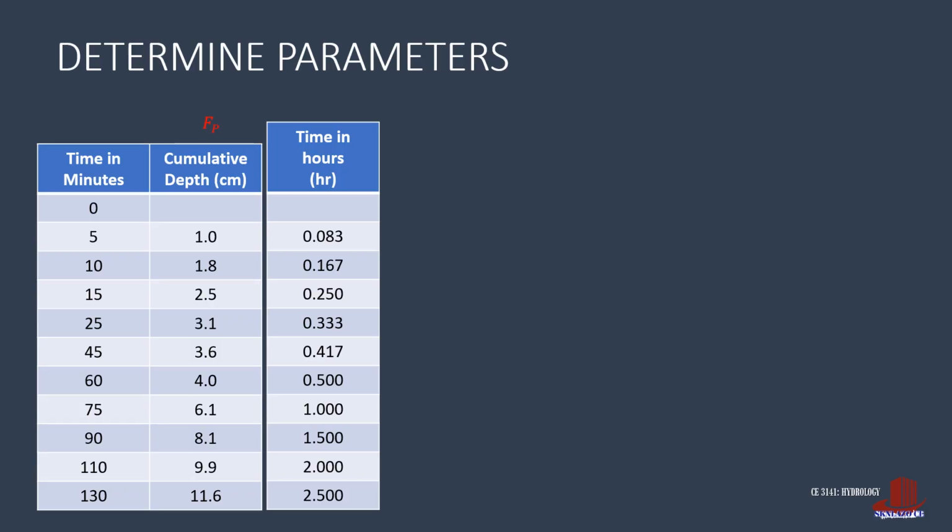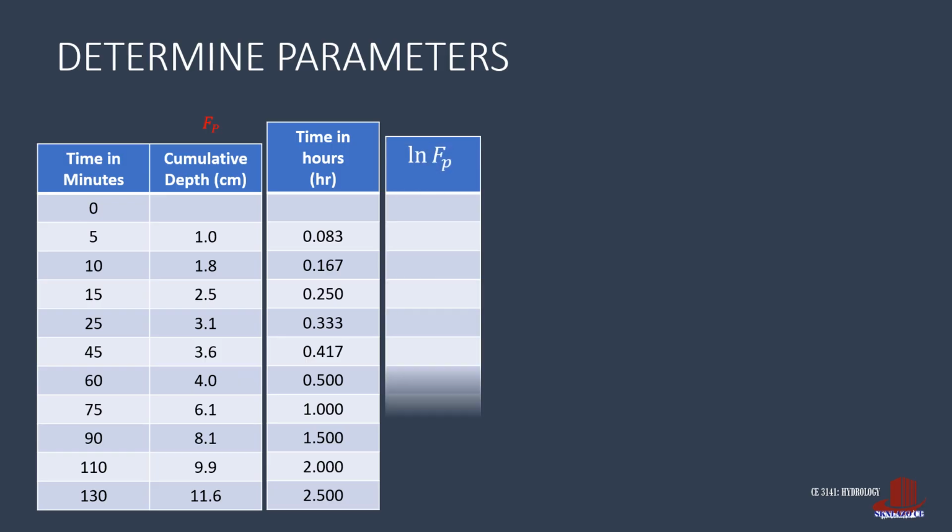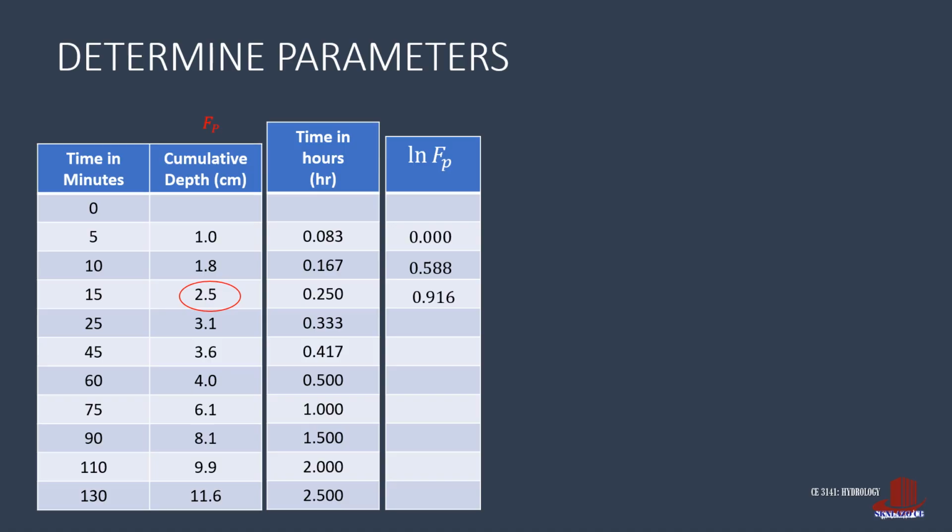Since what we need to graph are ln of Fp and ln of t, it isn't necessary to look for the infiltration capacity. So we directly solve for ln of Fp. With Fp provided in the problem, we take the ln of each, starting with ln of 1, which is 0. The natural logarithm of 1.8 is 0.588. Ln of 2.5 is 0.916.